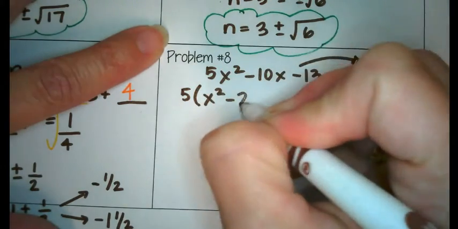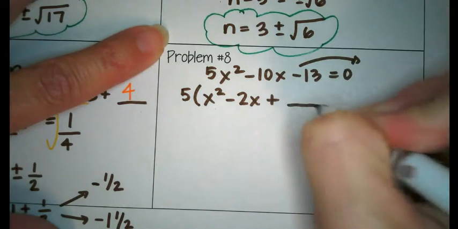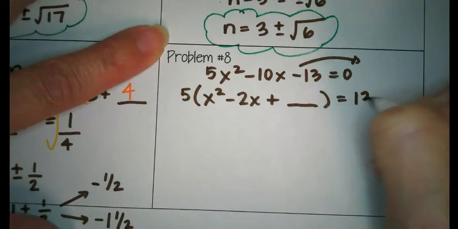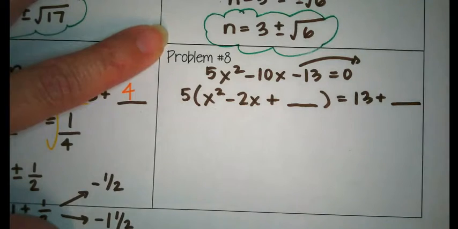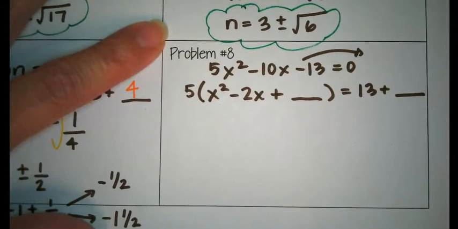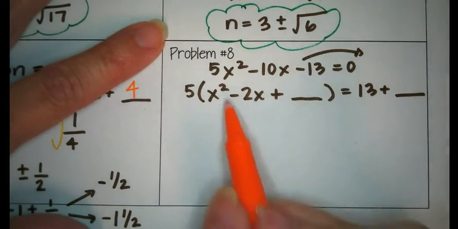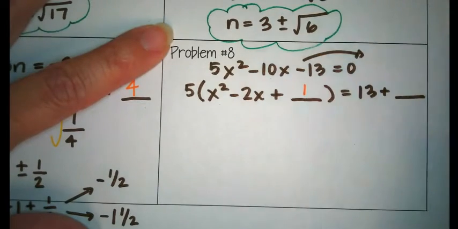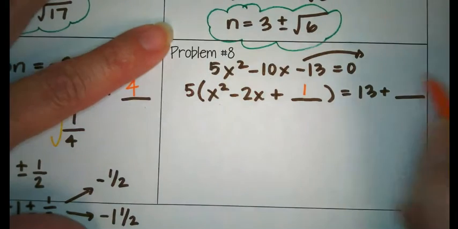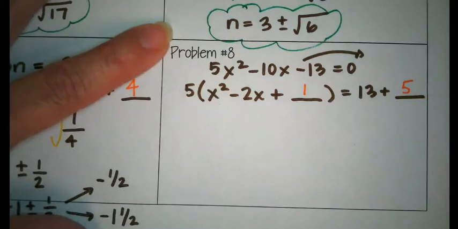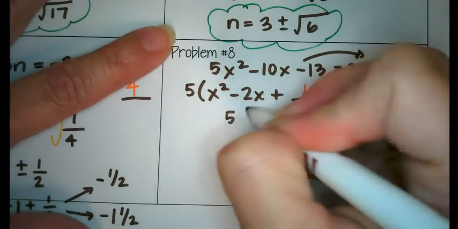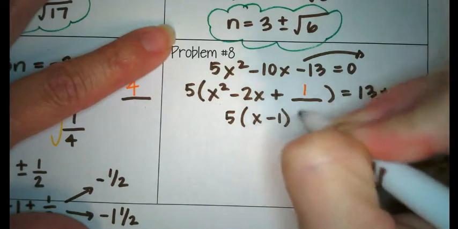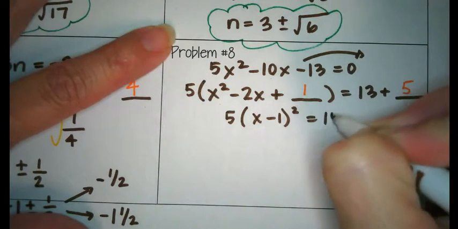So x squared minus 2x plus blank equals 13 plus blank. So I kind of did two things in one in that step also. All right, magic number here is a 1, which means on the right side I need to add a 5. So this becomes 5 times x minus 1 squared equals 18.